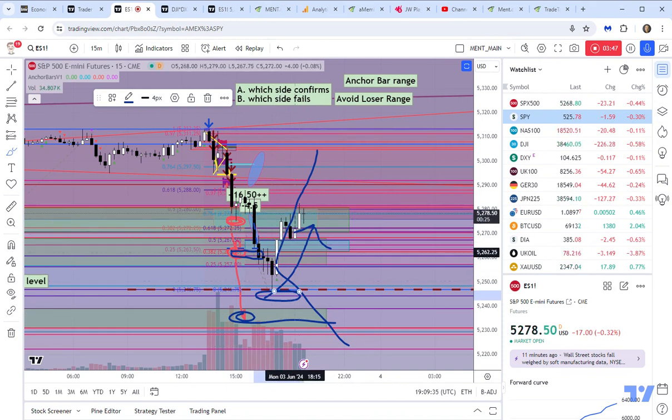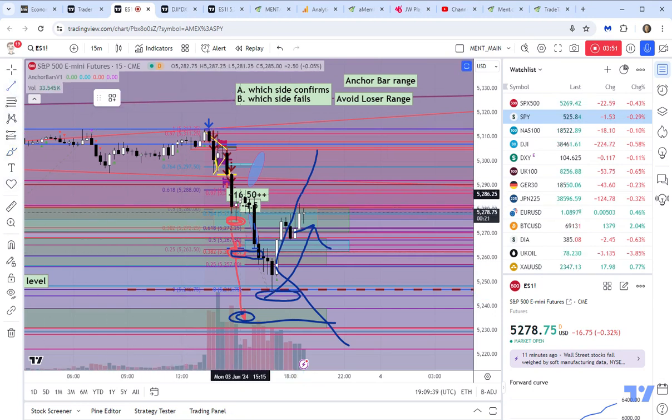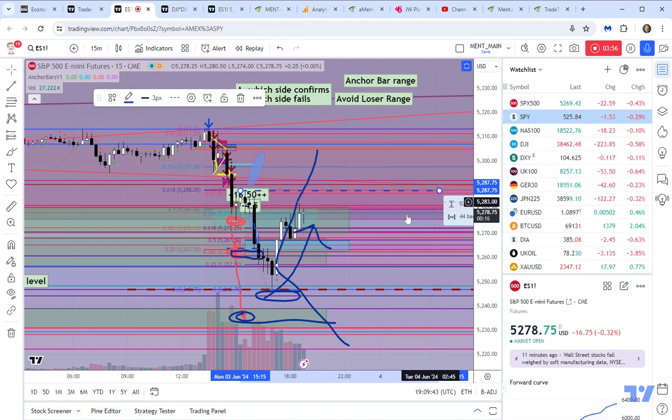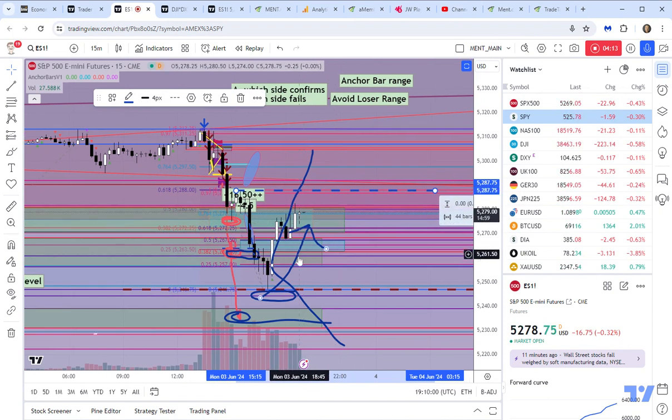So now the biggest point that we have here is that we have this major peaking level right across here. That's a standout high. Okay, we have a little standout high right now setting up here. We could probably get a bunch of them going down to a 2 minute chart, but ultimately, this blue standout high right here is what we need to see for the market to move higher.